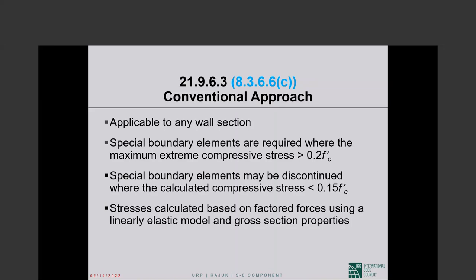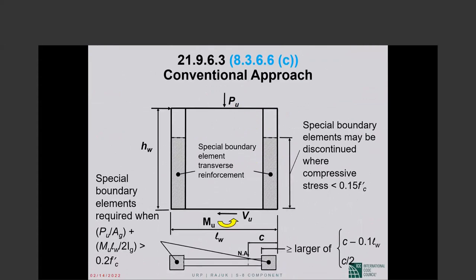So special boundary elements are required where the maximum extreme compressive stress is larger than 20% F sub C prime. We can discontinue that when the stress falls below 15% of F sub C prime, and stresses are calculated on factored forces using a linearly elastic model and gross cross-section properties, as you have seen.